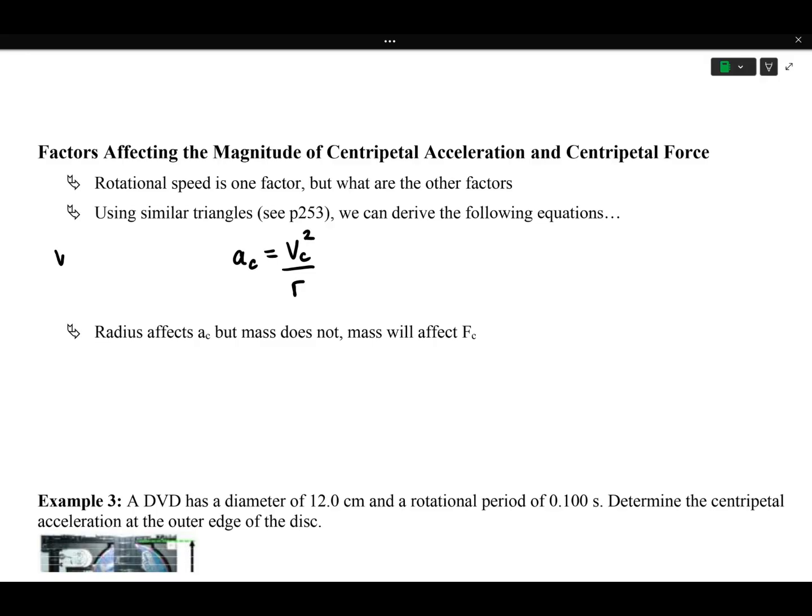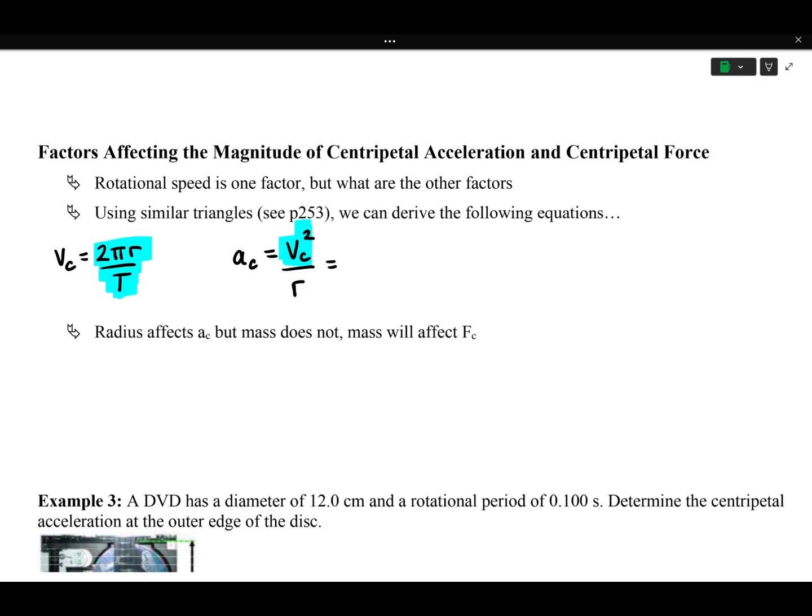If you recall from the last set of notes, our circular speed is 2 pi r over t. So what I can do now is plug this 2 pi r divided by t into my equation for centripetal acceleration.